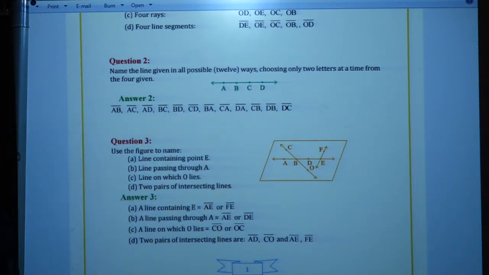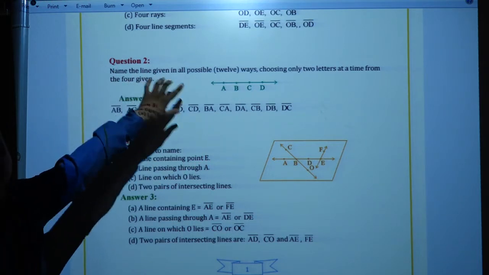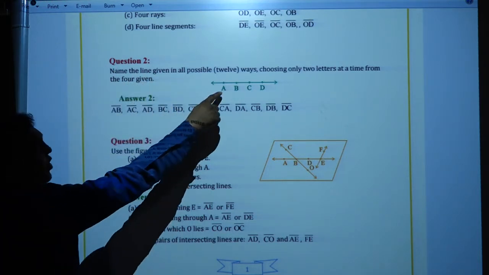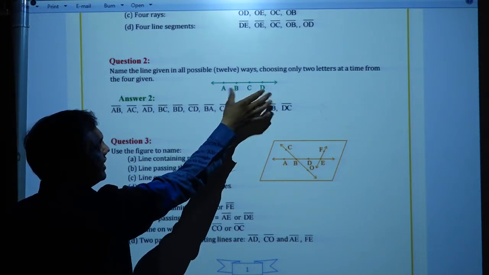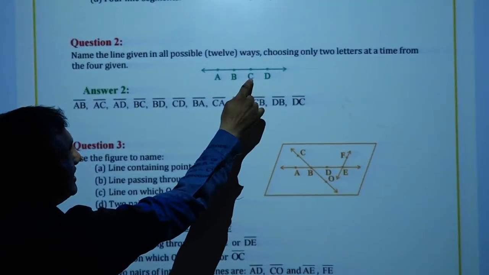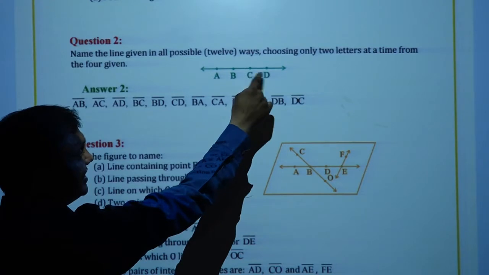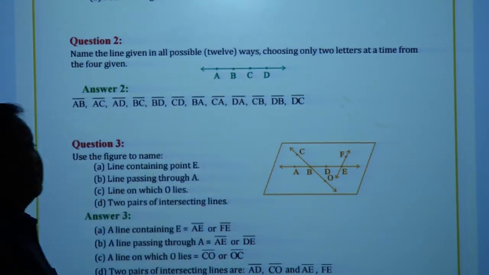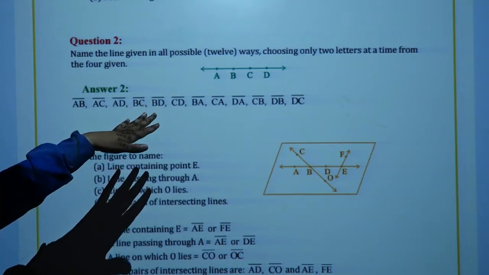These are the 12 possible ways you have to show the line. Take one point like A, then AB, AC, AD. Next go on with B: BA, BC, BD. Next go on with C: CB, CA, CD. Next go on with D: DA, DC, DB. These are the 12 different ways with the help of 4 points.